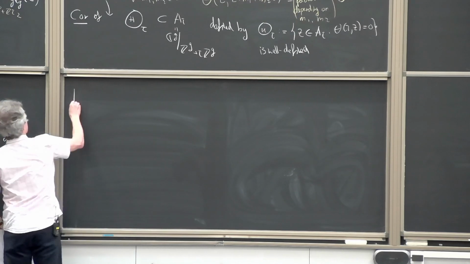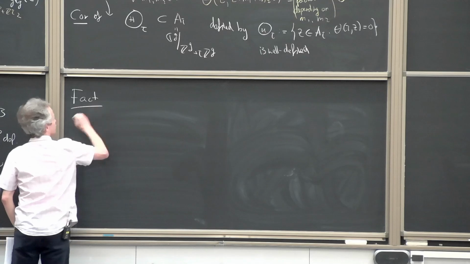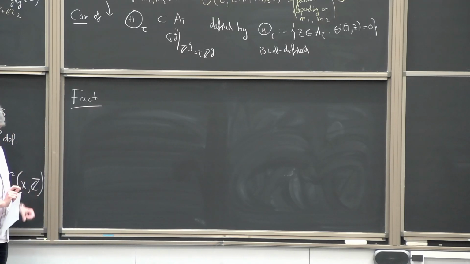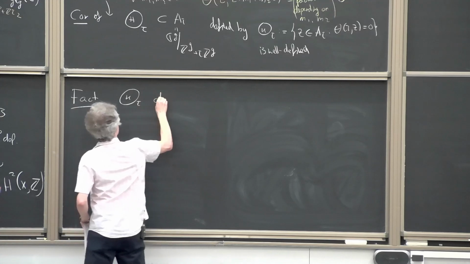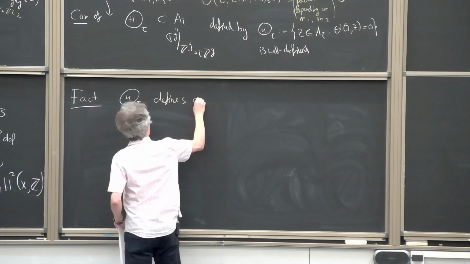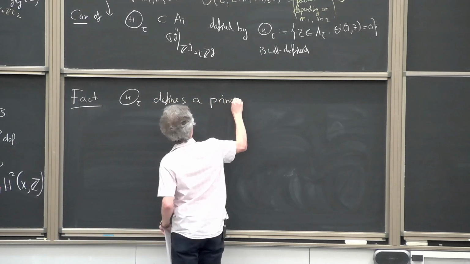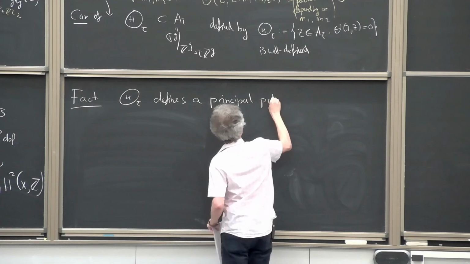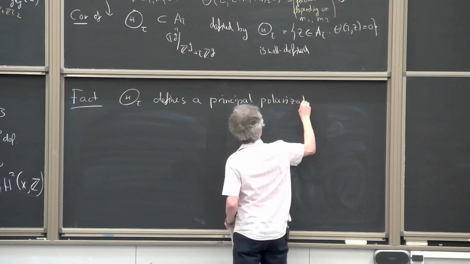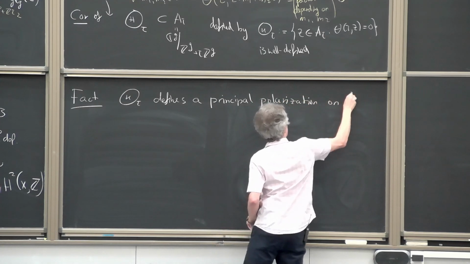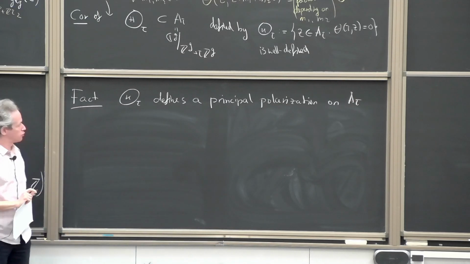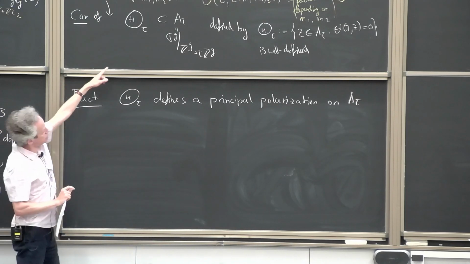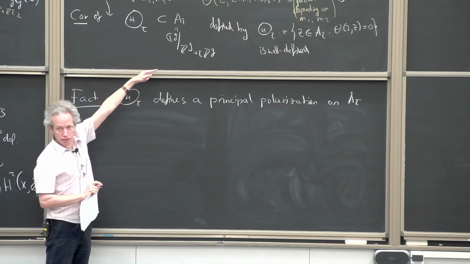Fact. Fact means I don't want to prove it. I don't want you to prove it, but I want you to believe it because we have to. Theta tau defines a principal polarization on A sub tau. Okay? Let's parse what this says. So theta tau is a subset of A sub tau.